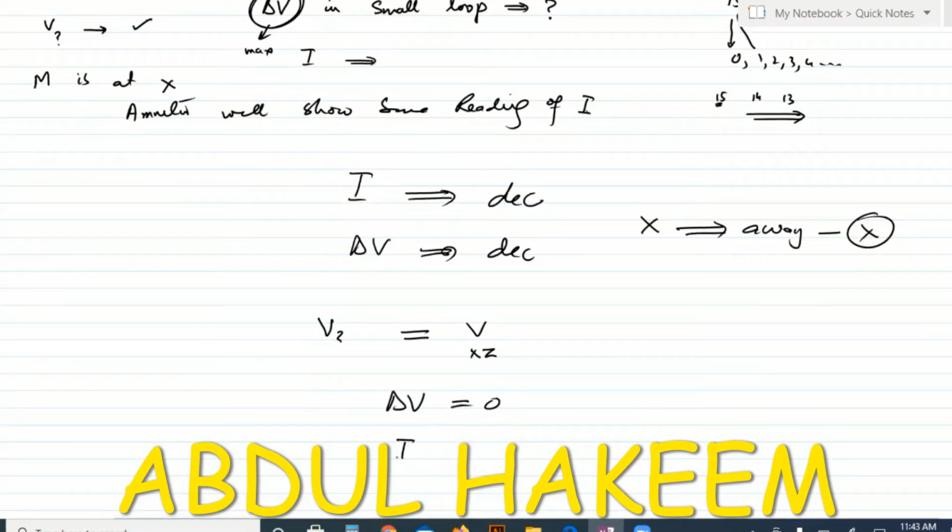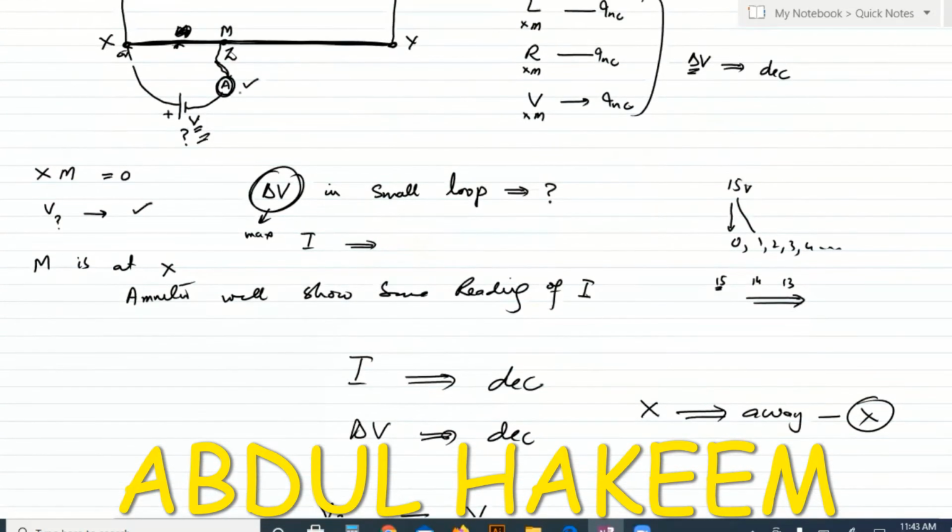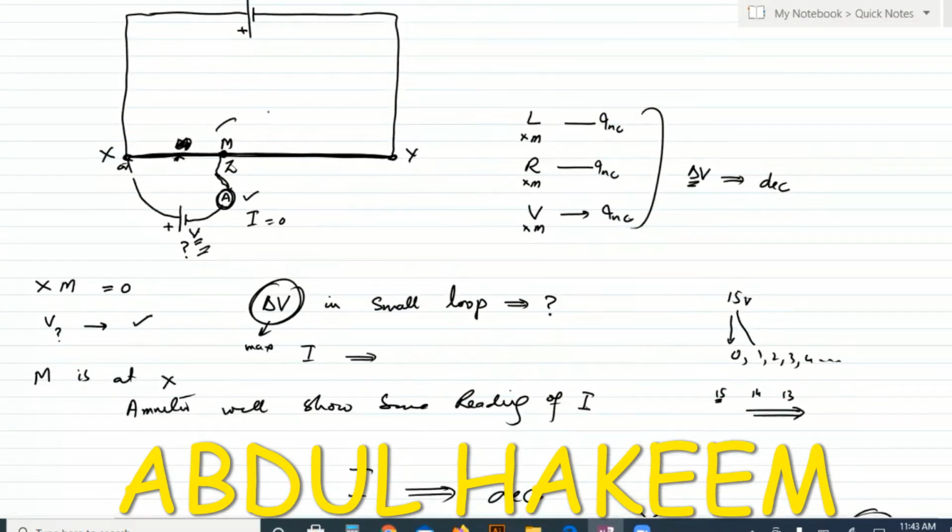So the ammeter reading will be 0. So when the ammeter reads 0 current, then that point on the resistance wire is known as the balanced point.